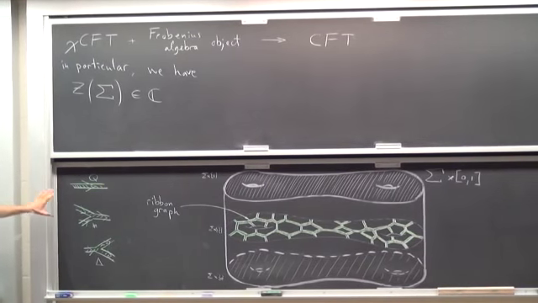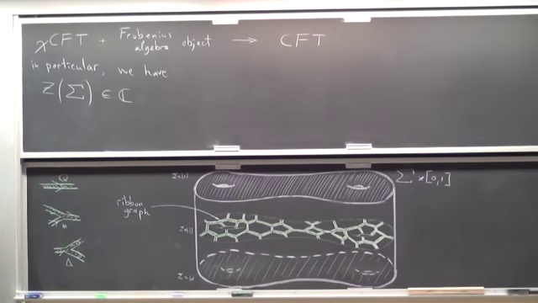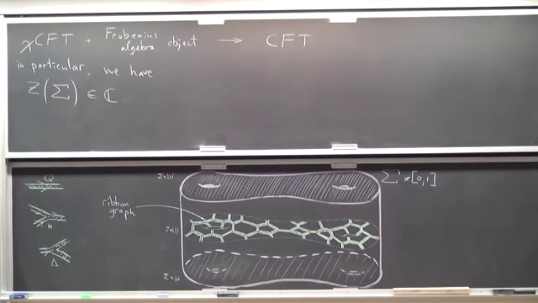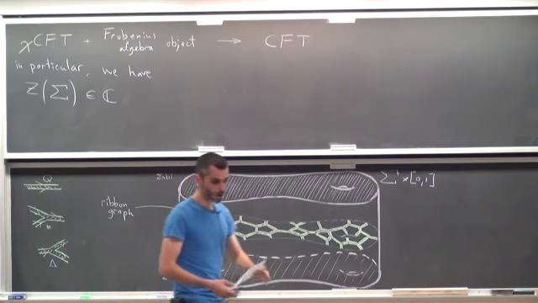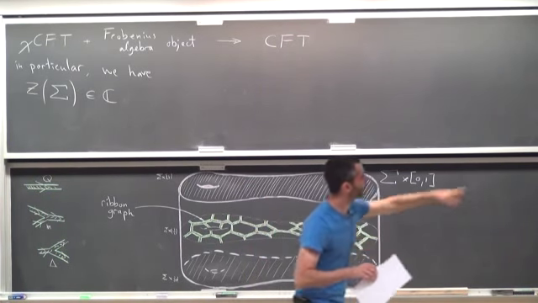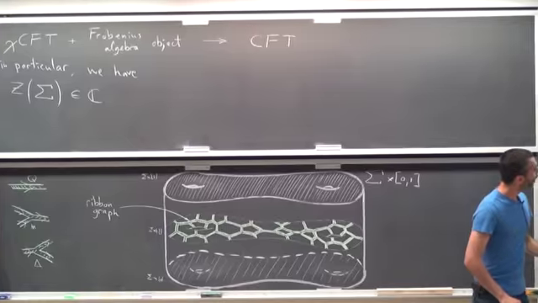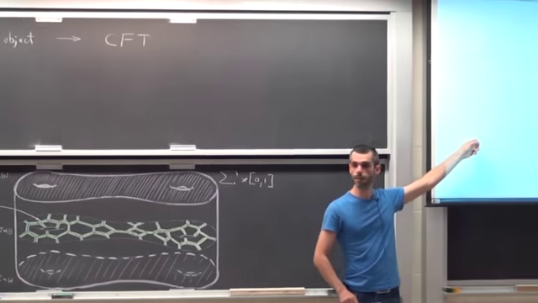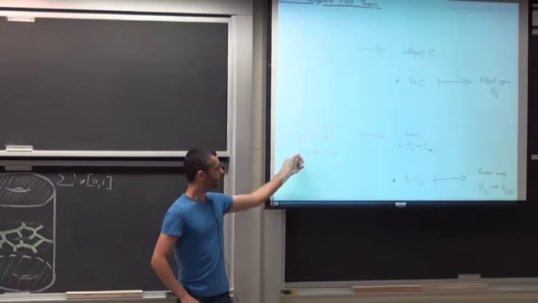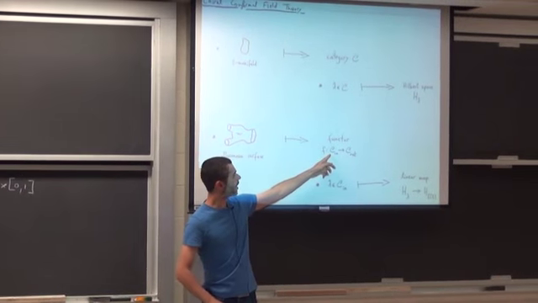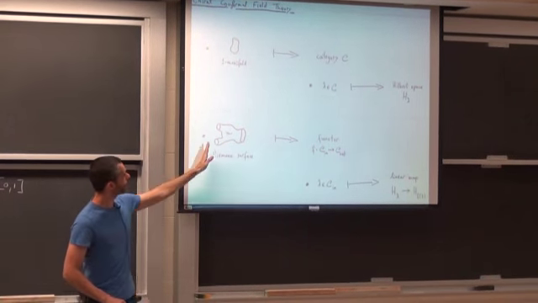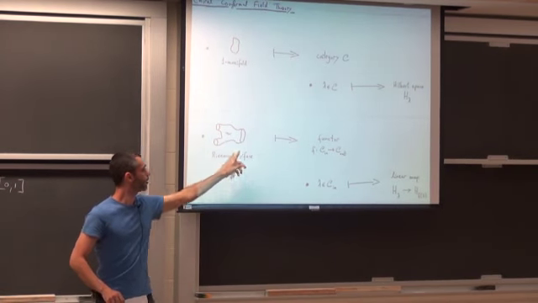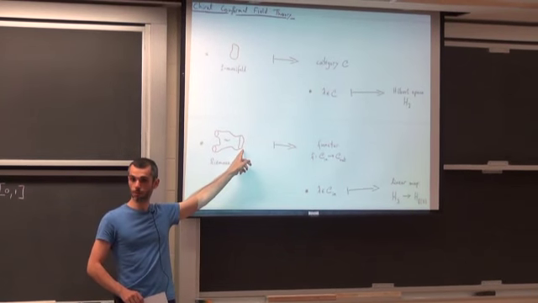But before I tell you more about this picture, let's first think a bit about what the chiral CFT does to sigma. So I projected this slide that you have already seen before. Here's sigma. It happens to not have any boundary. Associated to sigma, we have a functor from the incoming category to the outgoing category, meaning from the category associated to this boundary to the category associated to that boundary.